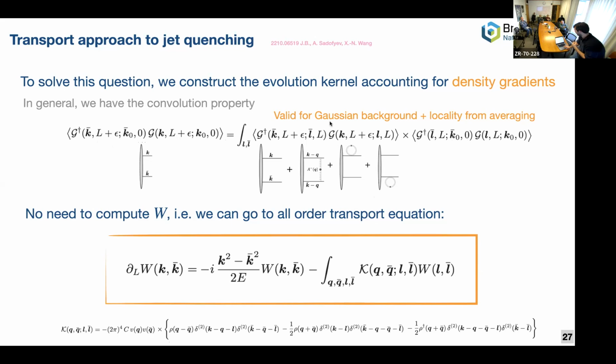So this small correlator here tells you what is the evolution kernel in an infinitesimal step. Diagrammatically, what you are saying is that the Wigner function, which is this block here, which has 2 indices, k and k bar, can be written as the initial Wigner function, which is this block here, plus some evolution. And the evolution is either vacuum evolution, so nothing happens, or there is a gluon exchange with the medium, or there is some virtual correction on top.